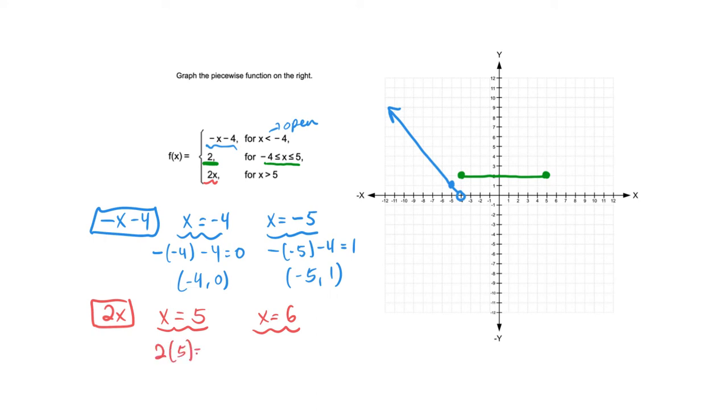So 2 times 5 is 10. So (5, 10) has an open circle. Oh, that's a large circle. (5, 10). And then 6, right, is just going to be 12 because 2 times 6 is 12. So (6, 12). And then you can make the line going on forever.